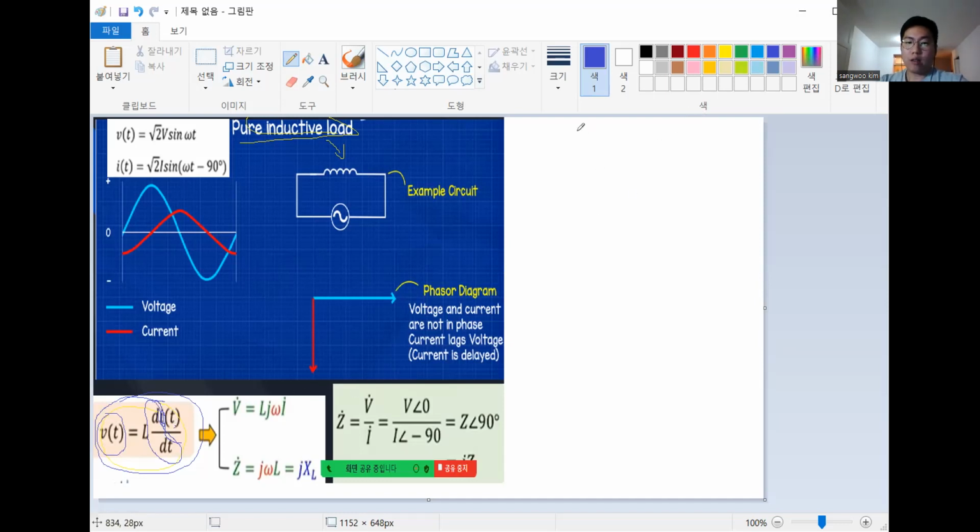So look at that. This is a core, right? First of all, in DC, as time goes by, the current is straight, no change, right? So that's why we say in a DC circuit the coil is kind of a short, nothing happens. But in AC, look at that. As time goes by, it changes the value. That's why V is induced.